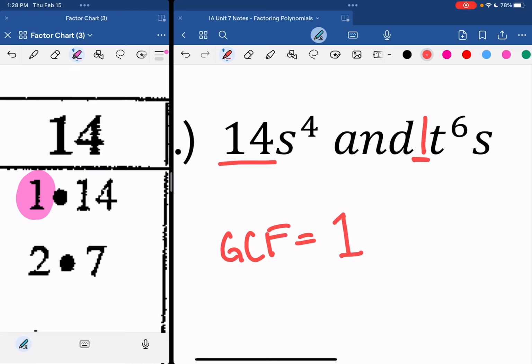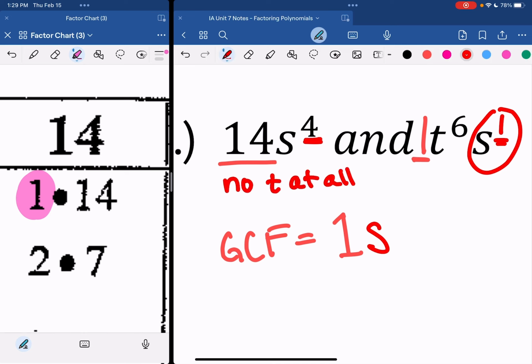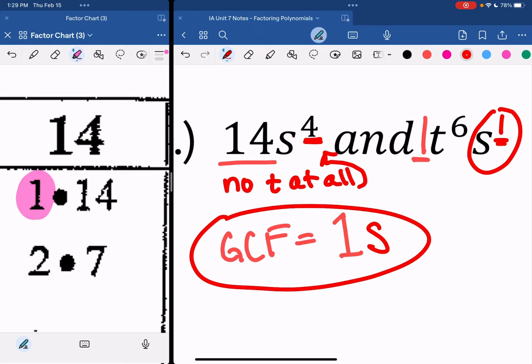Now for s, we have an s to the 4th and an s to the 1st. Well, s to the 1st is going to be the smallest. And then this expression has no t. So they have no t at all, which means our greatest common factor cannot have a t in it.